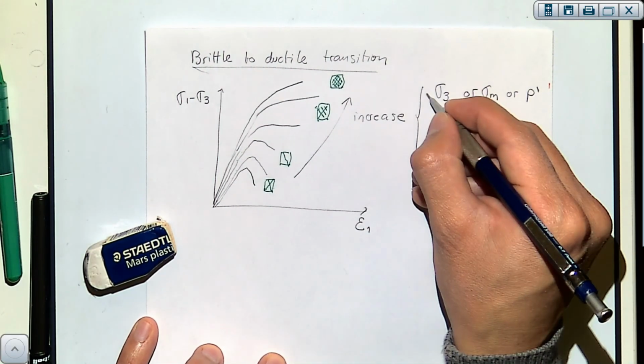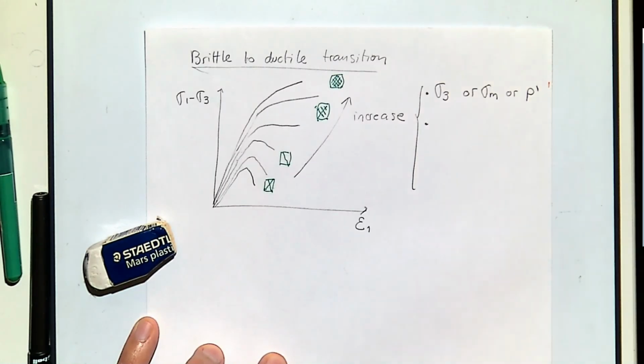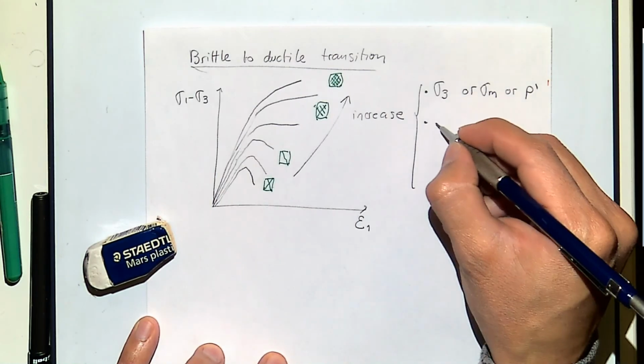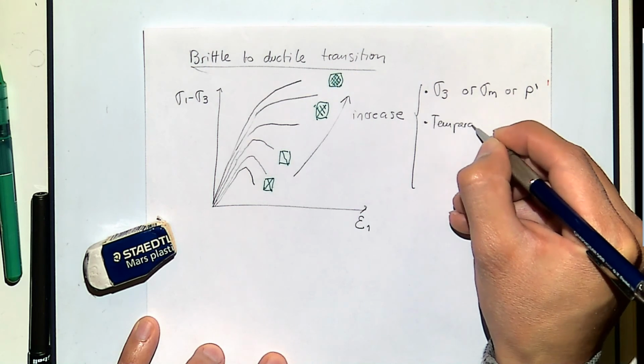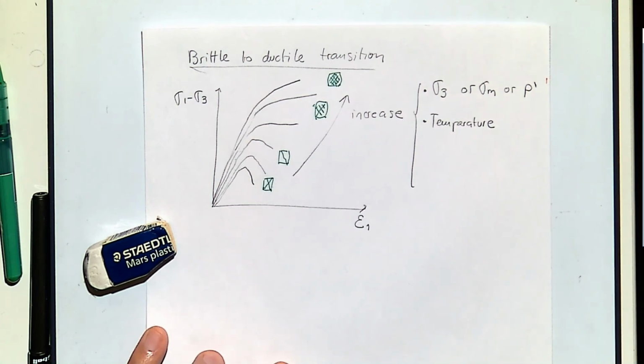Another factor that could make this same transition is temperature. The higher the temperature, the more ductile a rock is going to get.